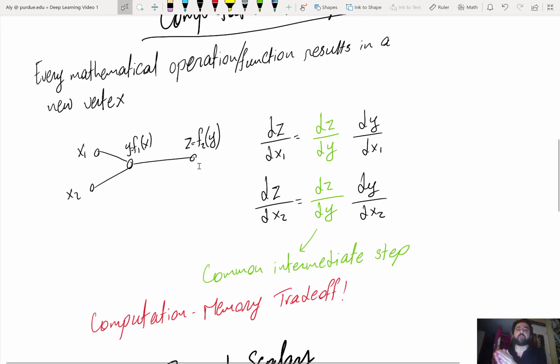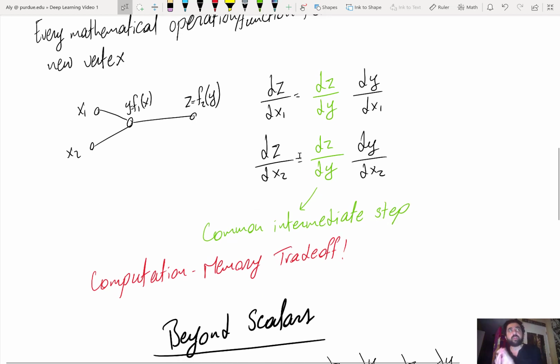Now, if I want to compute the derivative of z with respect to x2, I also have the derivative of z with respect to y times the derivative of y with respect to x2. Now, computing the derivative of z with respect to y is common between these two steps, right? And that's basically the basic idea behind backpropagation: if you want to compute the derivative of z with respect to x1, and you know that you will also compute later the derivative of z with respect to x2, then store the value of the derivative of z with respect to y instead of recomputing it, right?